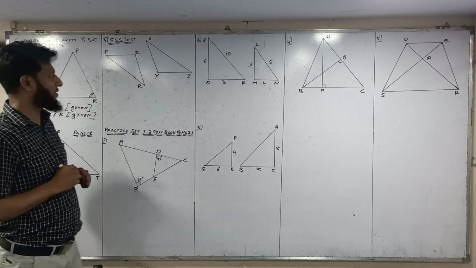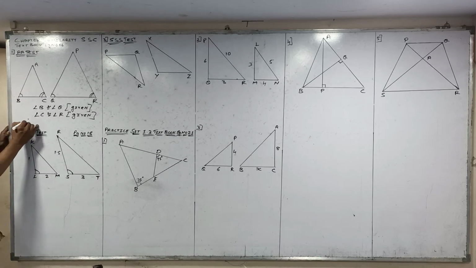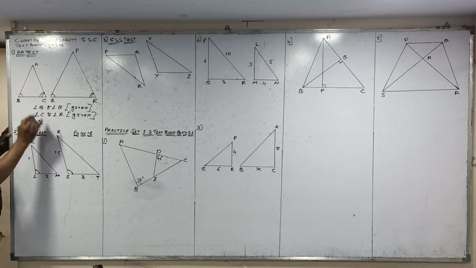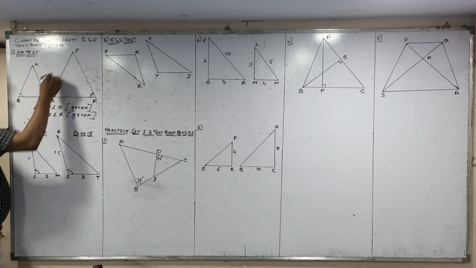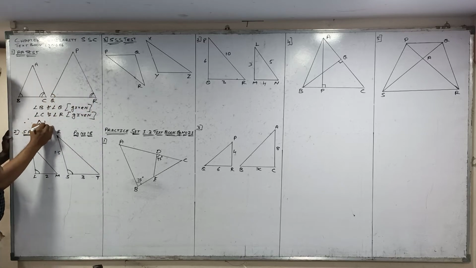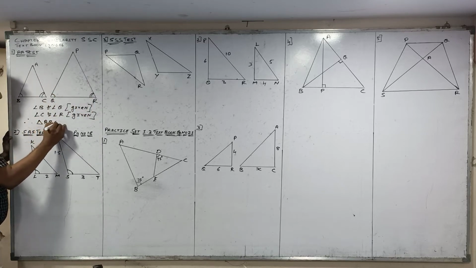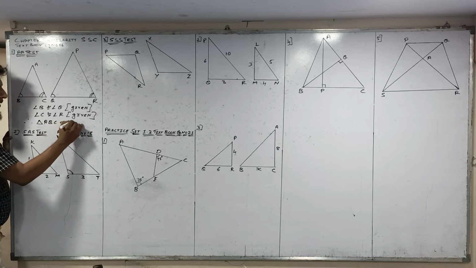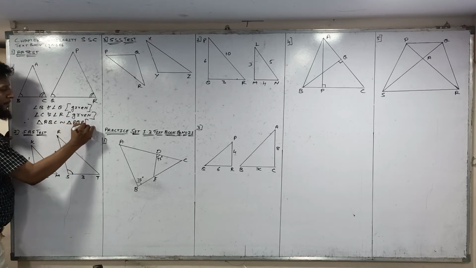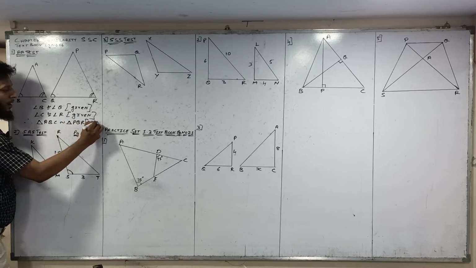So remember this first test. Therefore, triangle ABC is similar to triangle PQR by AA test.